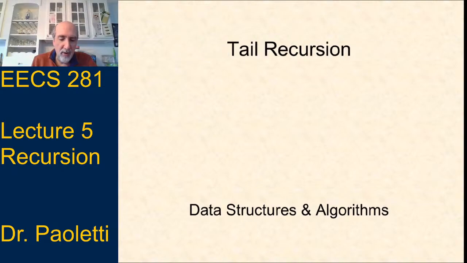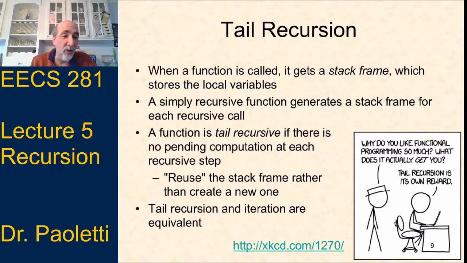And what we want to talk about now is a little bit more about tail recursion. So tail recursion occurs, again, when the recursive call has nothing pending. After the recursive call happens, a return can happen. And a function could be tail recursive even if it has more than one call to the recursive function, as long as only one of them could happen.